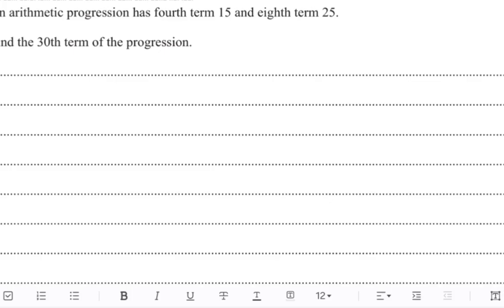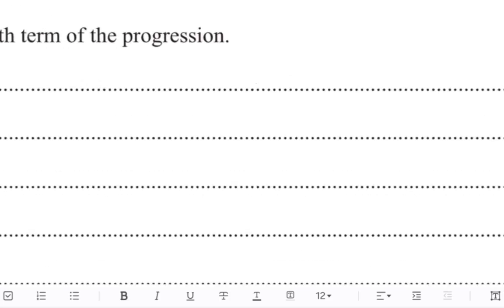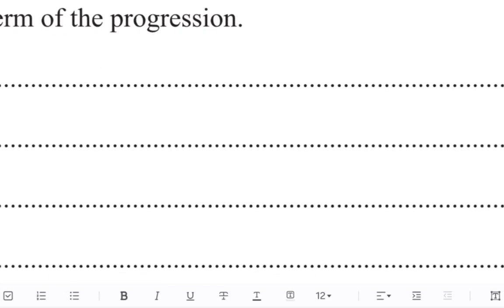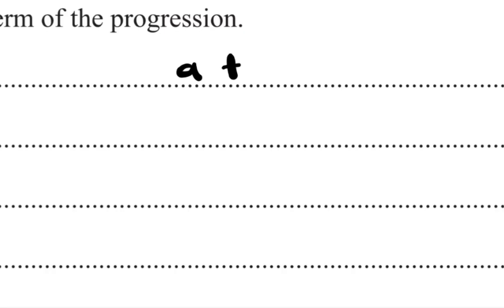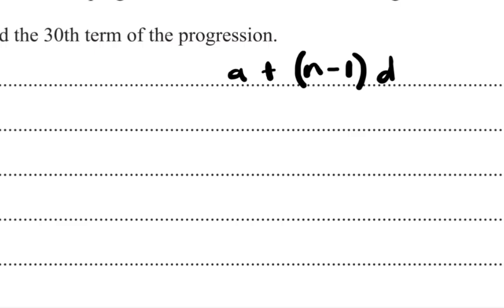And we know that for the nth term of an arithmetic progression, we use a plus n minus 1 d. So if the question is saying the fourth term, it means our n is equal to 4, and for the eighth, obviously n is equal to 8.